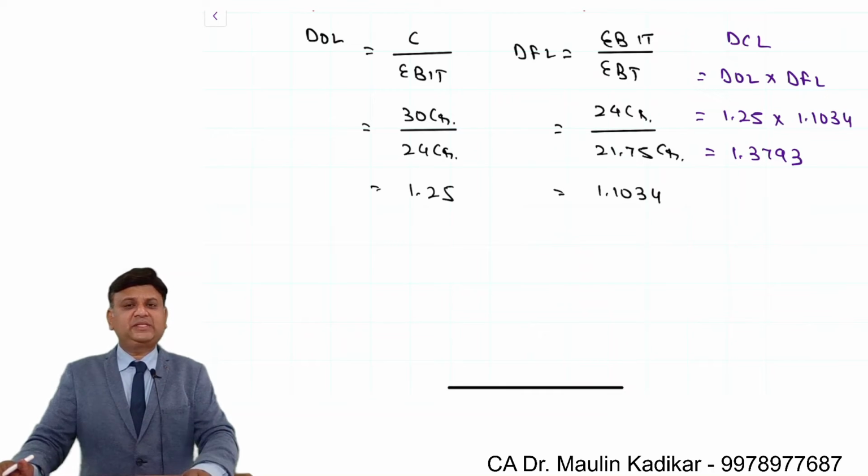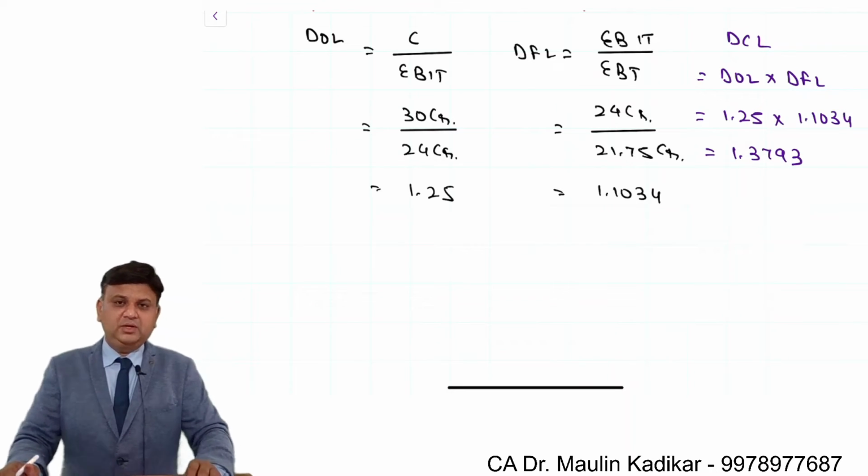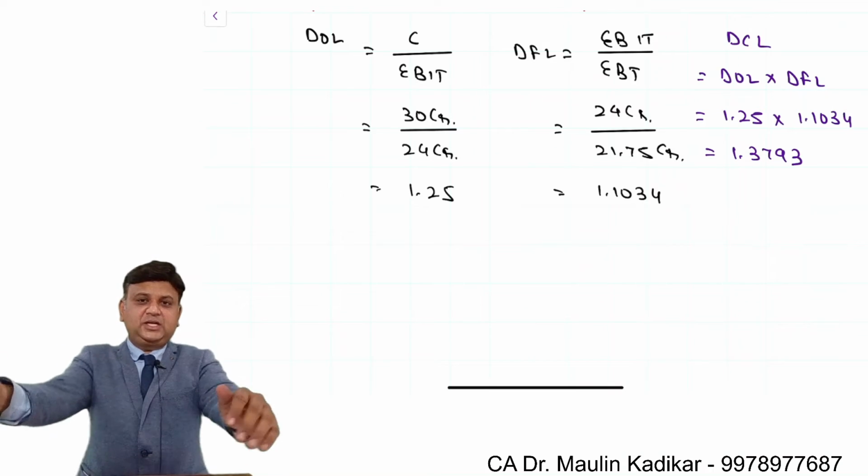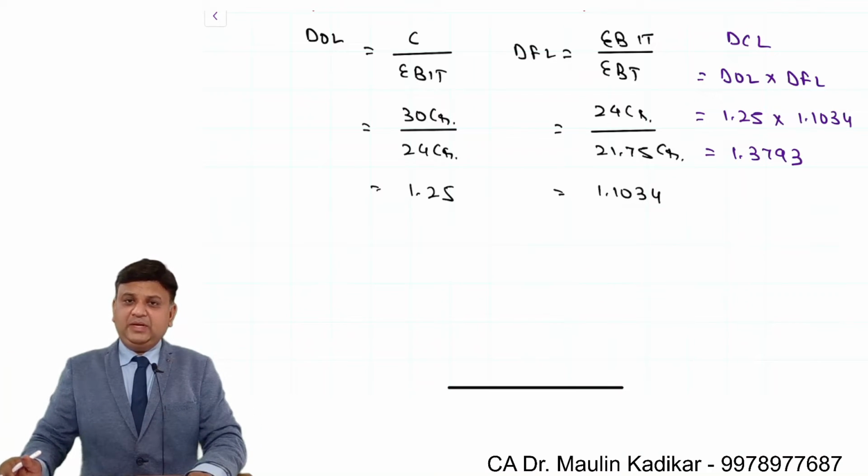So for every 1% increase in the sales, operating income will increase by 1.25%. DFL is 1.1034. So for every 1% increase in the EBIT, EBT as well as EPS will increase by 1.1034%. And similarly, we'll have the comment for DCL.